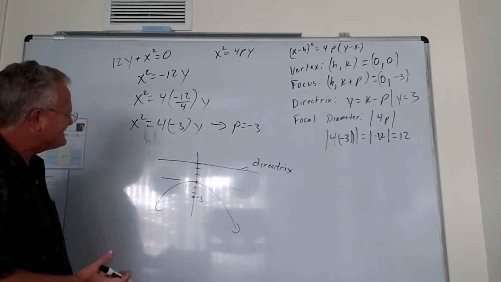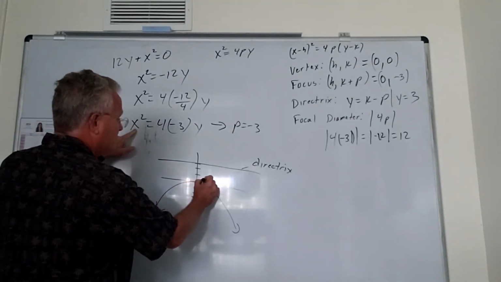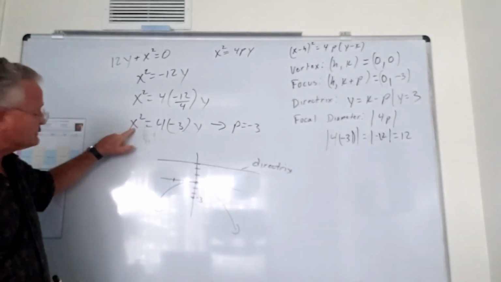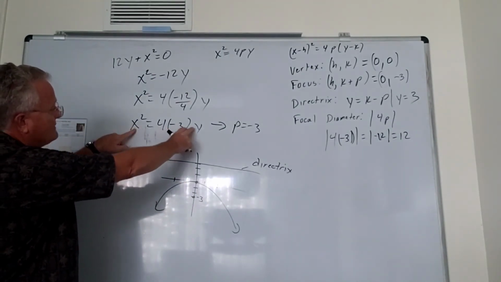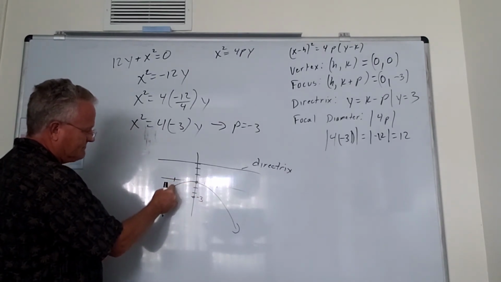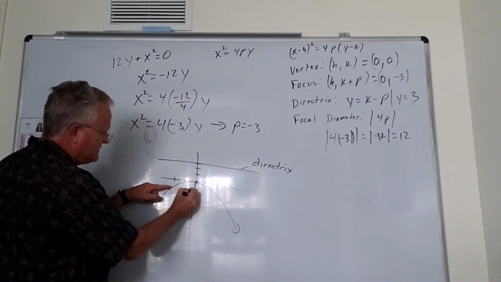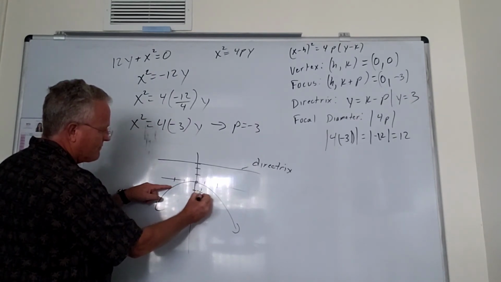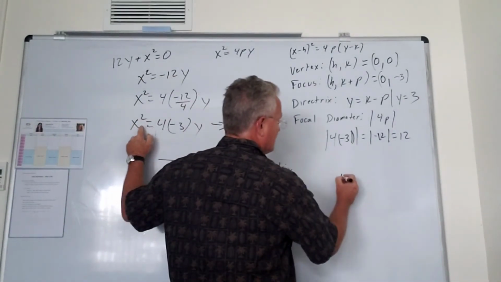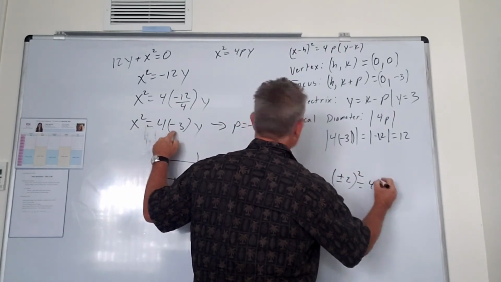And last, let's put a couple numbers in here. Notice if x was positive 2 or negative 2, when I square it, I get 4. If I plug plus or minus 2 into here and square that, it's equal to 4 times negative 3 times y.